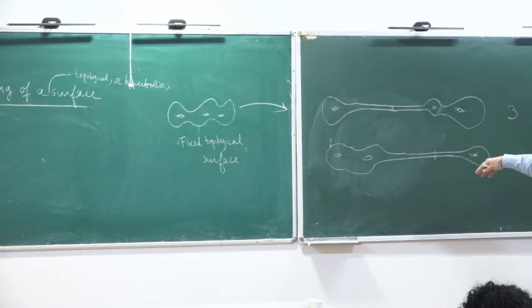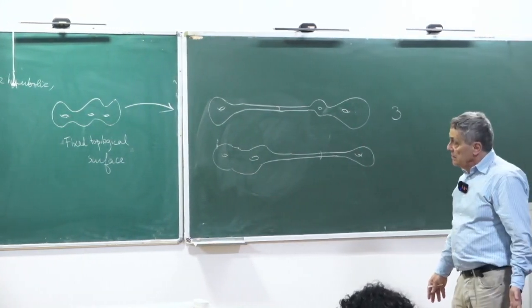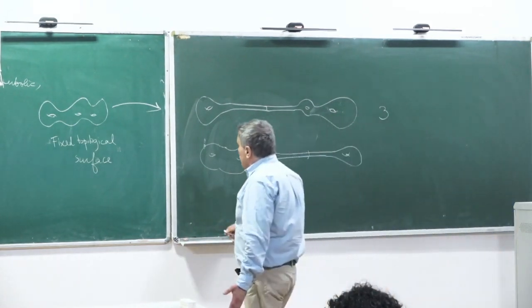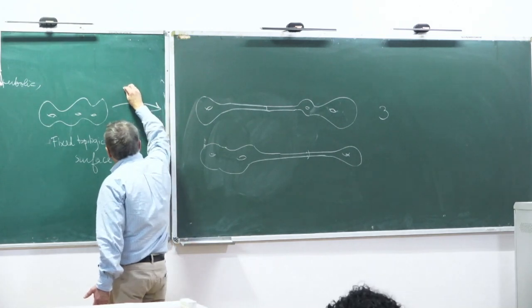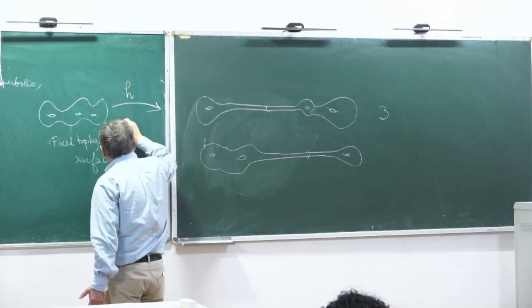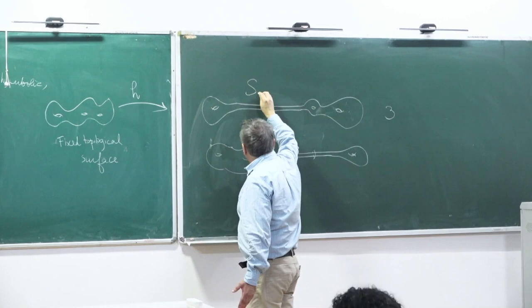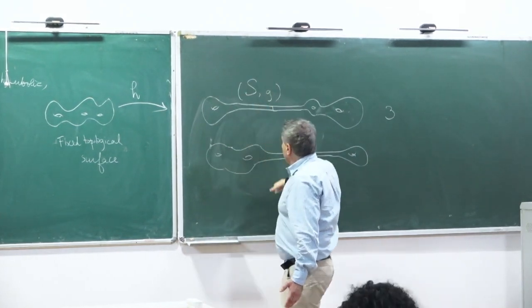And now here I have hyperbolic surfaces. And for each hyperbolic surface, I must choose, let's call it H. This is my hyperbolic surface.